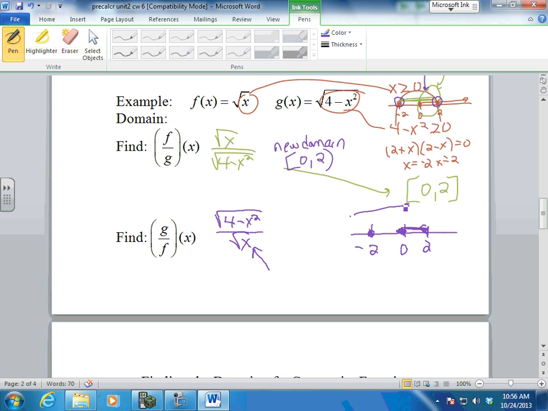With the square root of x in my denominator, it can't be negative, and it also can't be what else now in the denominator? 0. So now I have to lighten up this guy. Can't be 0. So now, for this one, here's my domain. My domain changes slightly on a divide. It doesn't change on an add, it doesn't change on a subtract, and it doesn't change on a multiply. It just changes on a divide.